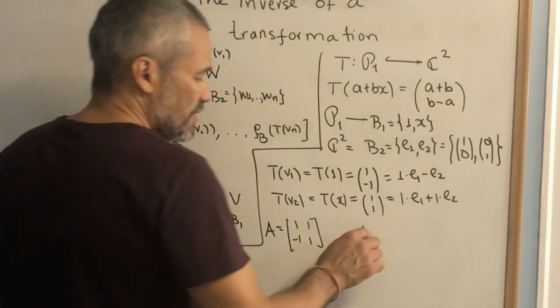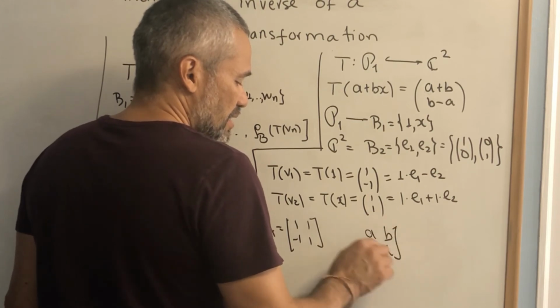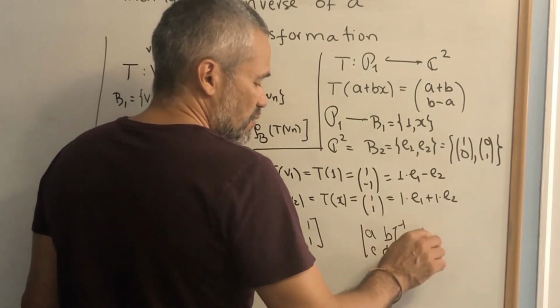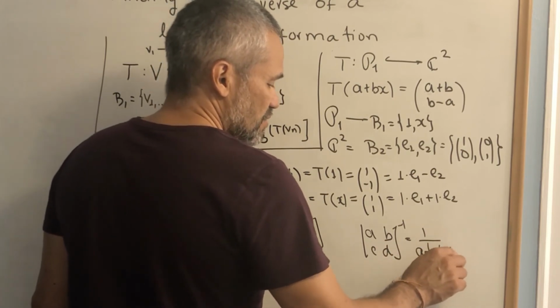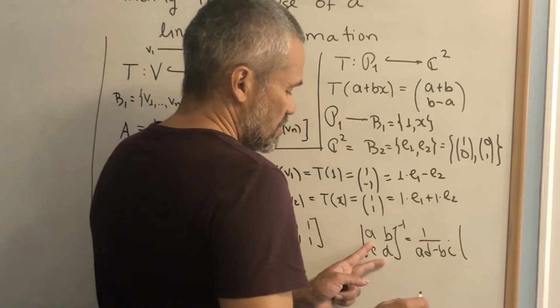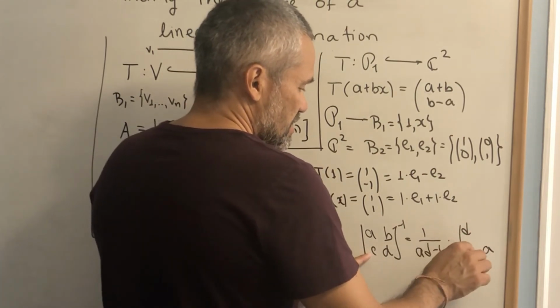To compute the inverse of this matrix, we know that the inverse of A, B, C, D is 1 over the determinant AD minus BC, and then we switch these two, D and A, and we change the sign of these two.